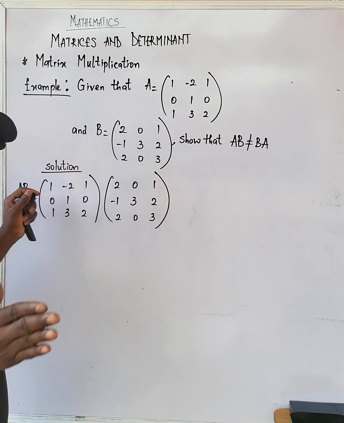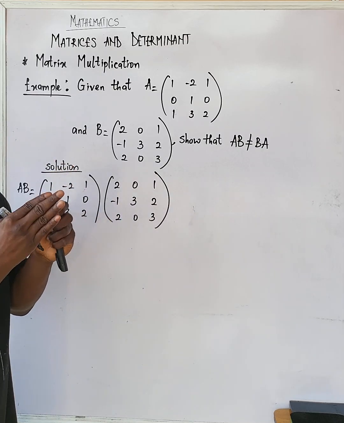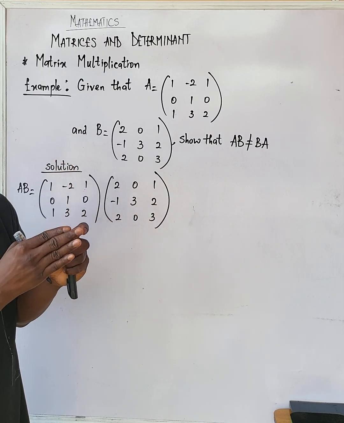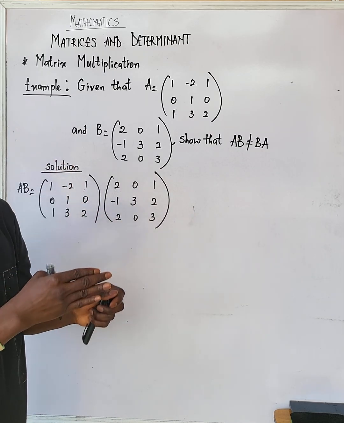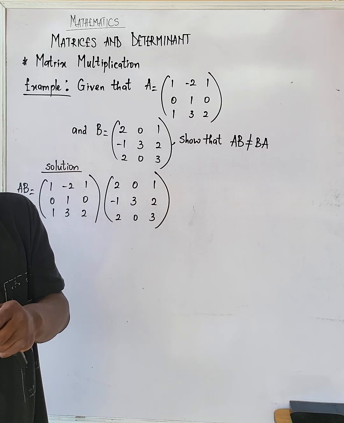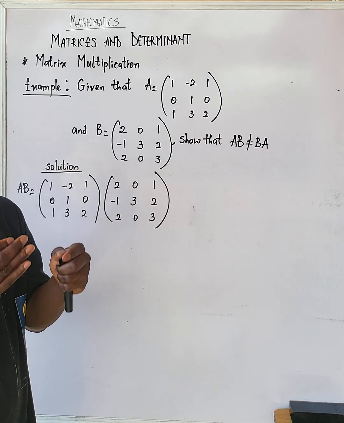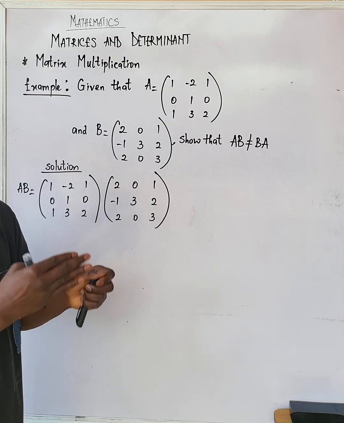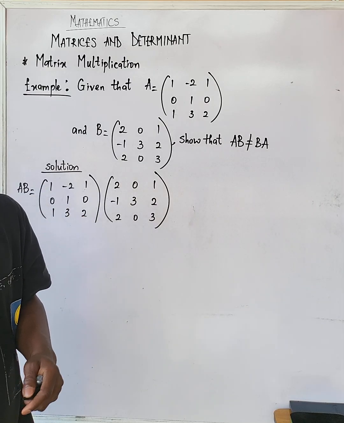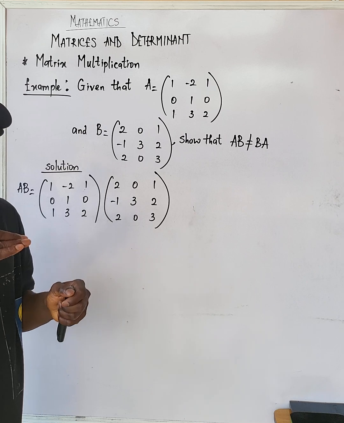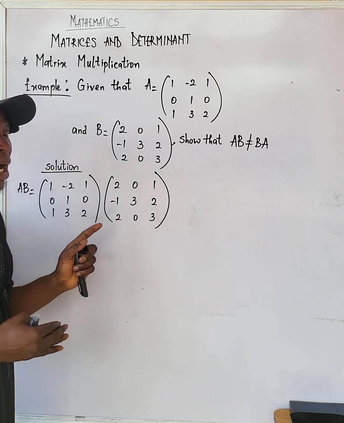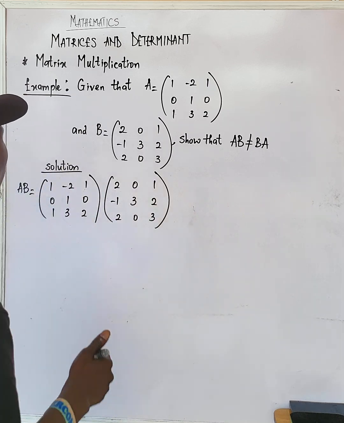But addition and subtraction of matrices must have the same number of rows and columns. If it is 2 by 2, it must be 2 by 2 plus or minus 2 by 2. If it is 3 by 3, it must be 3 by 3 minus 3 by 3. Or if it is 2 by 3, it must be 2 by 3 minus 2 by 3. It must not be different for addition and subtraction. But matrix multiplication can be done even when they do not have the same number of rows and columns.